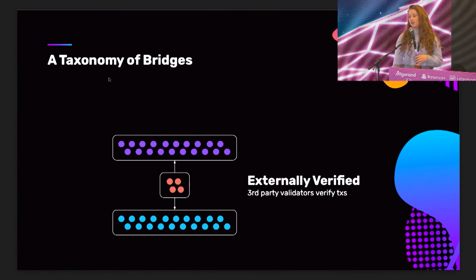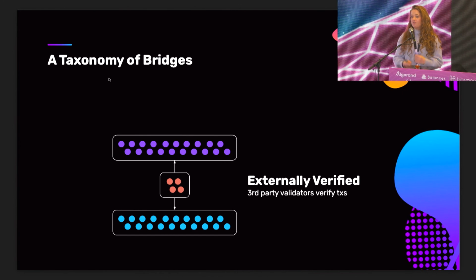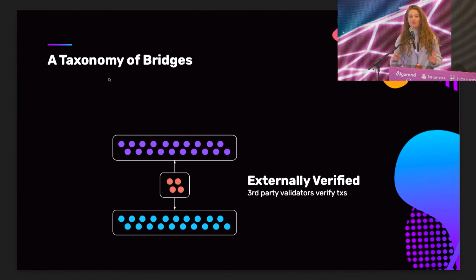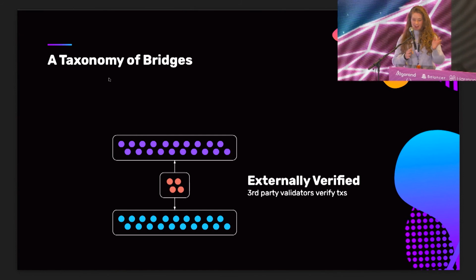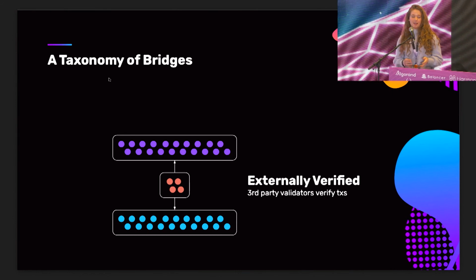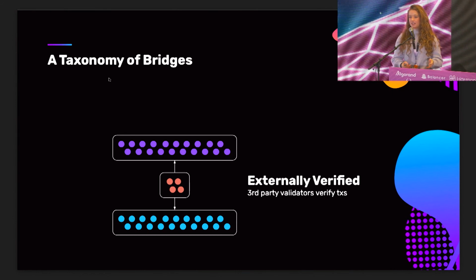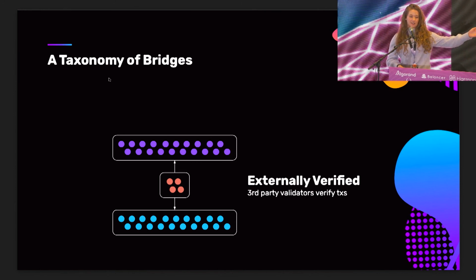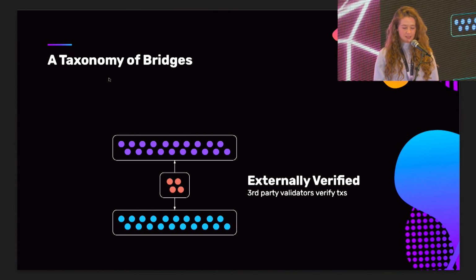But unfortunately, you're relying on the verifiers of the bridge, not of the underlying domain. So it's not exactly trust minimized. Some examples of this are if you've ever heard of a multi-sig bridge, that's an externally verified bridge. AnySwap, Thorchain, those types of things fall into this category. And usually it means there's some set of validators that are making sure that the deposits in match the funds that are minted out, or the burns that you submit match the funds that are released from the locked deposit.